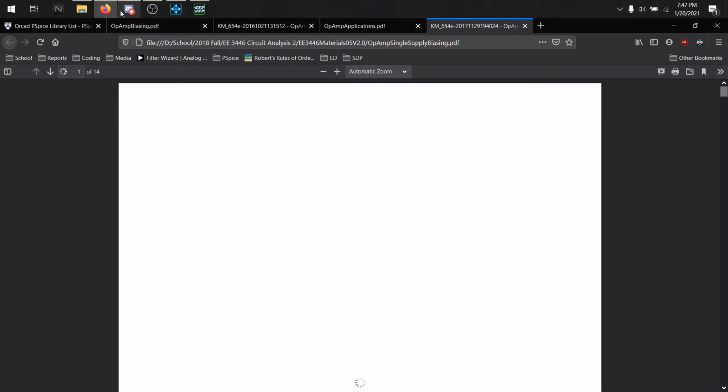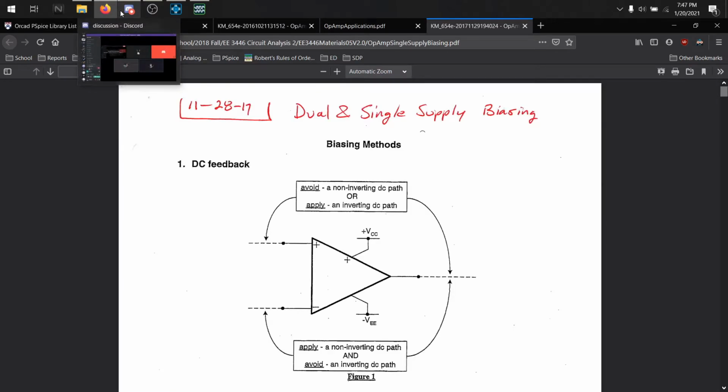But I mean, usually if I had to, I would just use KCL on the node VP and node VN, and then set it in terms of V output and V input, and get the transfer function that way. Usually using KCL. Okay. That's the best advice I got for you.